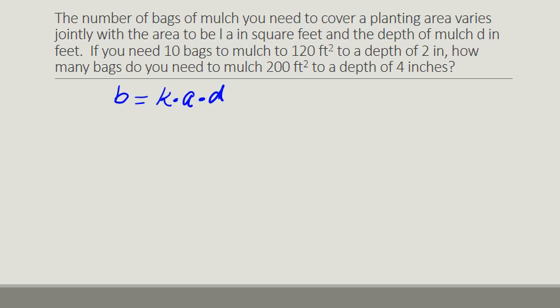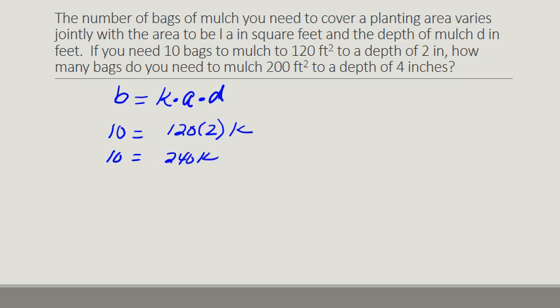Okay, so if I have 10 bags, because I've got to find k so that I can find the other situation, my area is 120 feet to 2 inches times k. So 10 equals 240k.